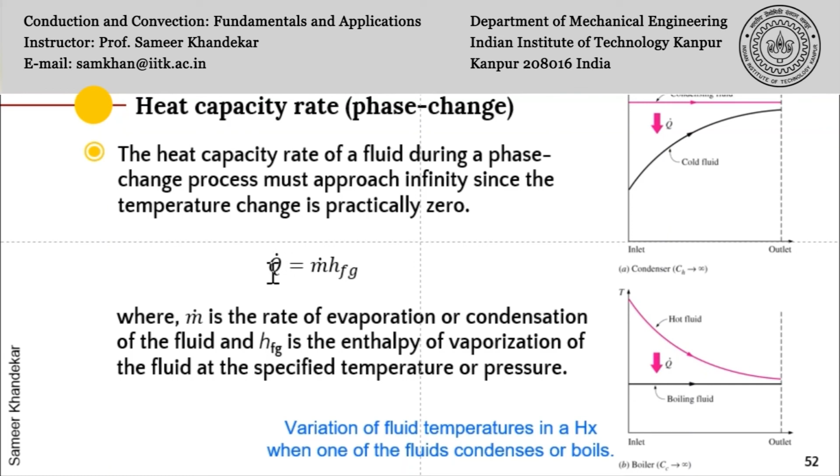Whatever heat you supply from the hot fluid to the boiling fluid will directly lead to a phase change process, and therefore Q dot equals m dot h_fg will be the guiding equation for those heat exchangers where phase change is happening.